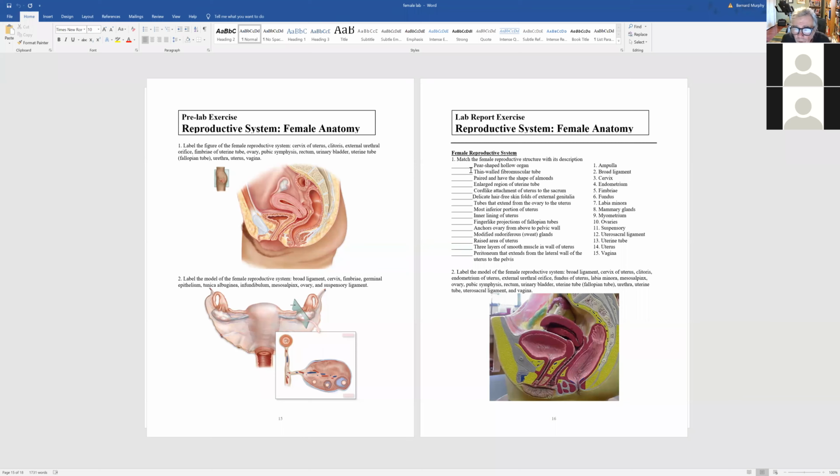Third one is going to be 10, paired and have the shape of almonds, the ovaries. Next, enlarged region of uterine tube is 1, the ampulla. Cord-like attachment of uterus to the sacrum is 12, the uterosacral ligament.